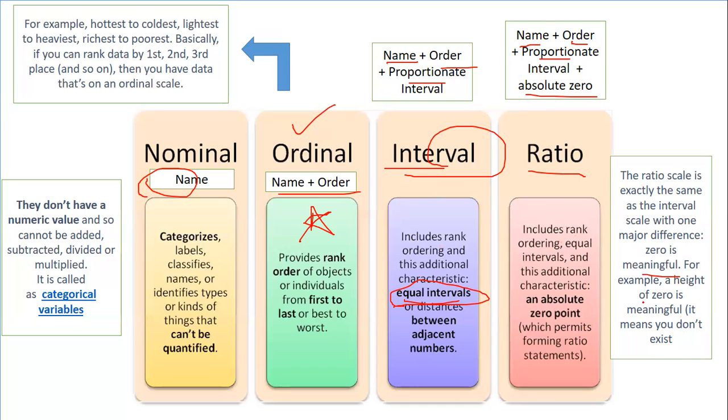For example, a height of zero means there is no existence. That is not given in the interval scale, but it is applicable to the ratio scale. So we have nominal, ordinal, interval, ratio. In 2019, there was a full-fledged match-the-following question based on this particular topic. So that's what we have for this conceptual lecture.